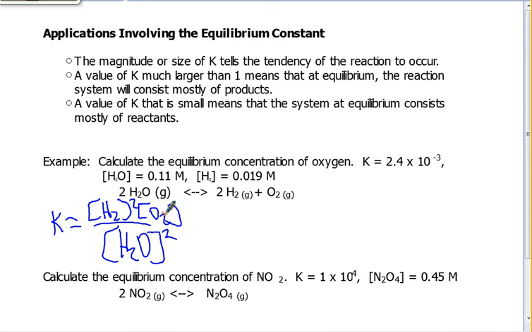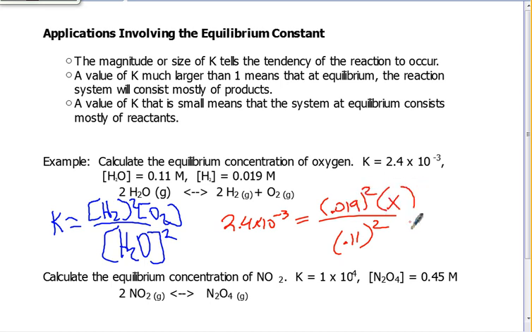So we have a K of 2.4 times 10 to the minus third equals 0.11 squared and 0.019 squared, but we don't know oxygen, so I'm going to be boring and throw an X in there for oxygen, and then I pull out my calculator and I solve for X. I get an answer that I can't remember, but I have a calculator, so I'll just redo it.